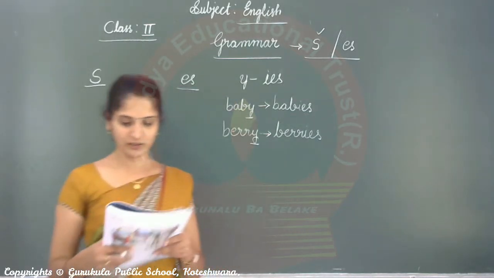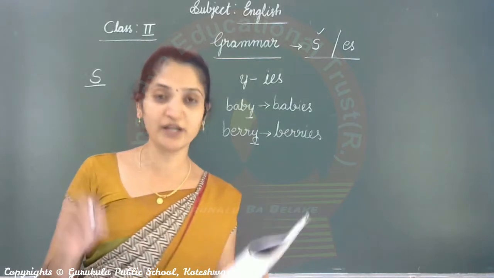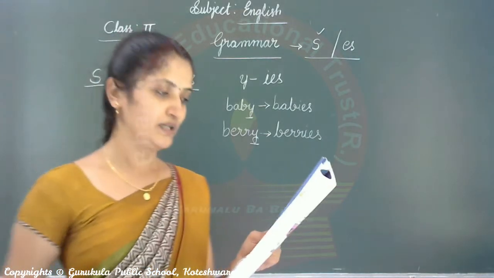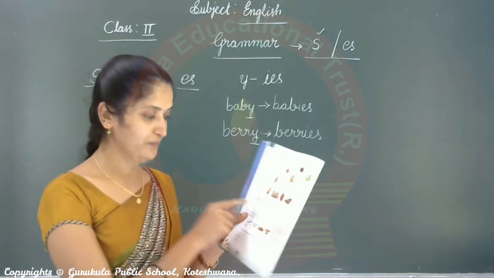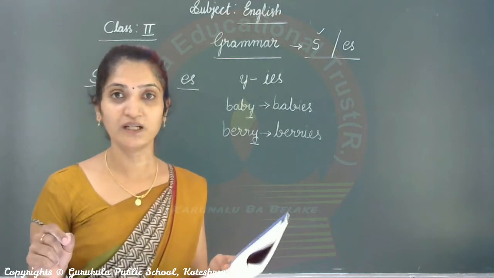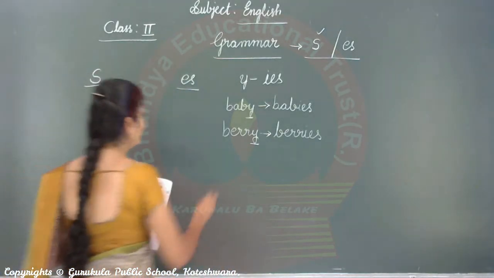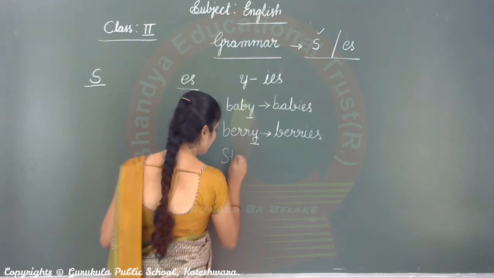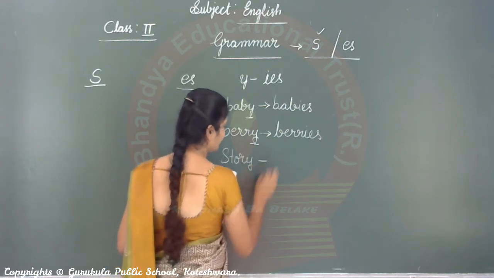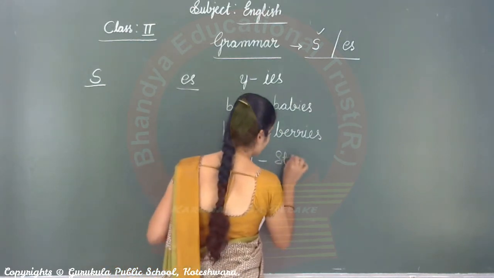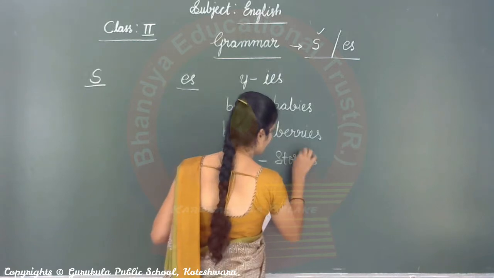Here more changing words they give. Y to IES. First one, D. Come to the D exercise. First one, story. End of the letter Y, right? Story, stories.